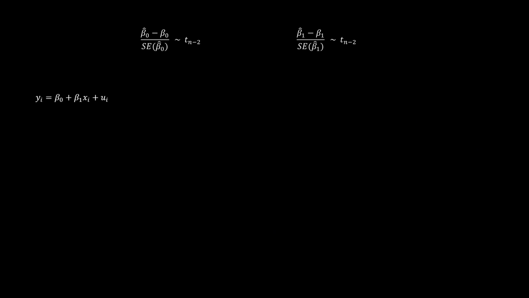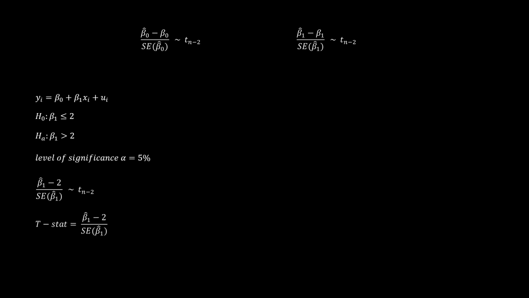We can perform directional hypotheses such as beta 1 is less than or equal to 2. We will perform a one-tailed test in this case. So calculate t-stat from the sample as usual. Notice that here our hypothesized parameter value is 2, not 0.